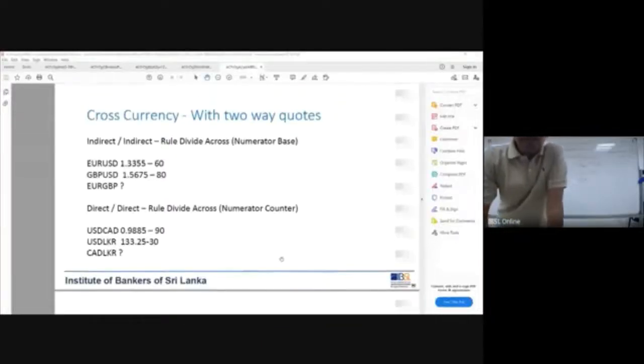Slightly advanced: if you have bid and offer, cross currency bid offer, what do you do? Let's try these out.